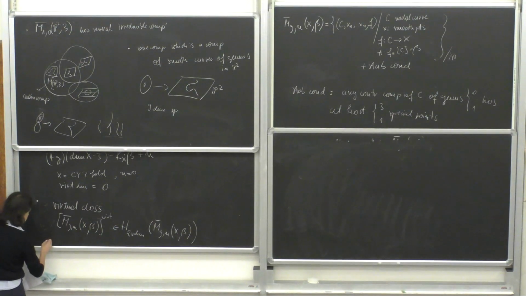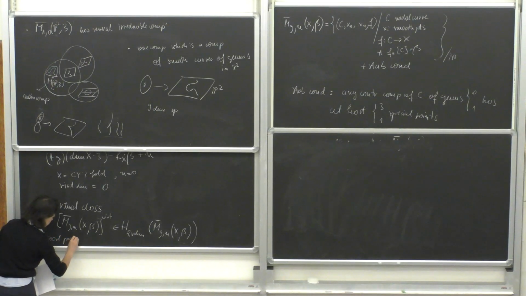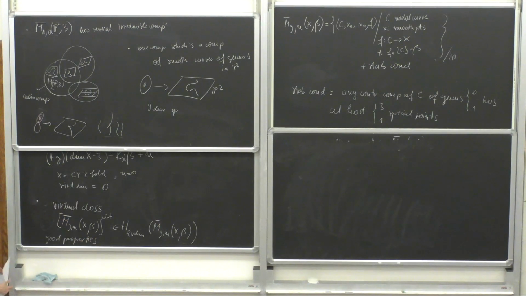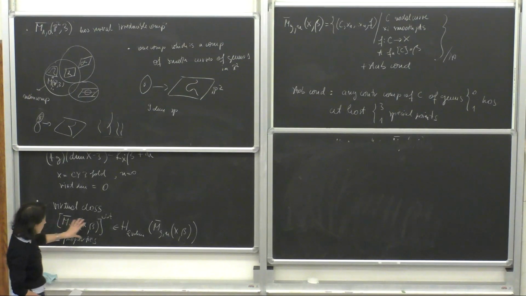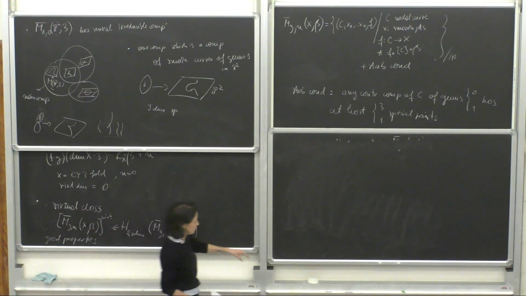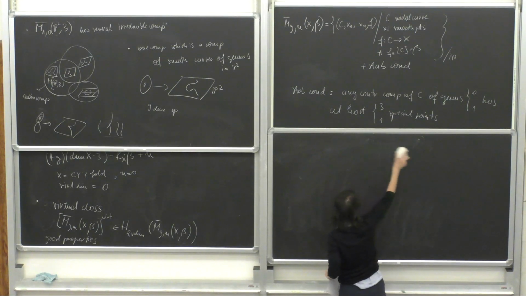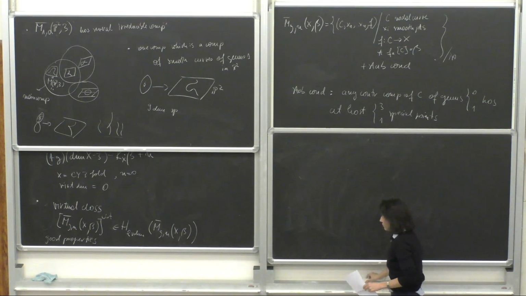And this has some good properties. I will not go into this, but it's some device which allows me to do intersection theory on these spaces which are not manifolds. So it's a black box that allows me to sometimes pretend that these spaces are manifolds.